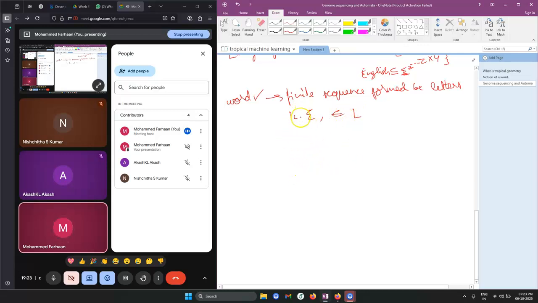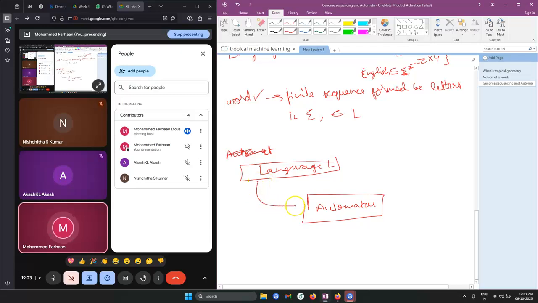Now, what an automata does, or let me draw it actually better. Basically you're going to have a language and you're going to input a word, and what it's going to do is it's going to either say accept or it's going to say reject.